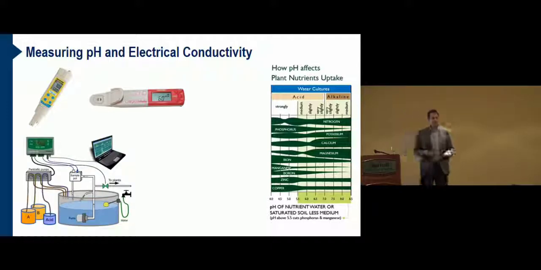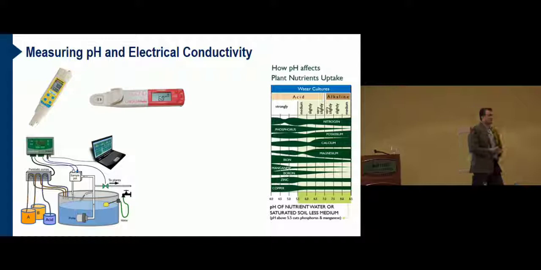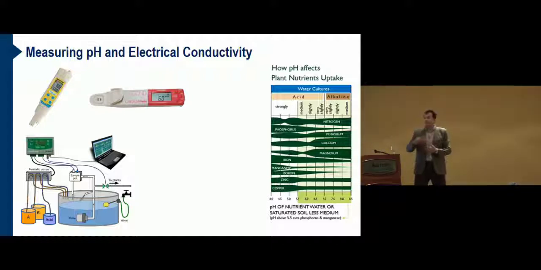But there are also advanced systems that measure electrical conductivity and pH to make proper adjustments to control the fertilizer or nutrient injection to the plants.